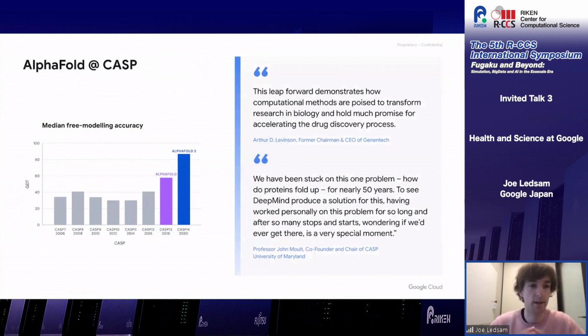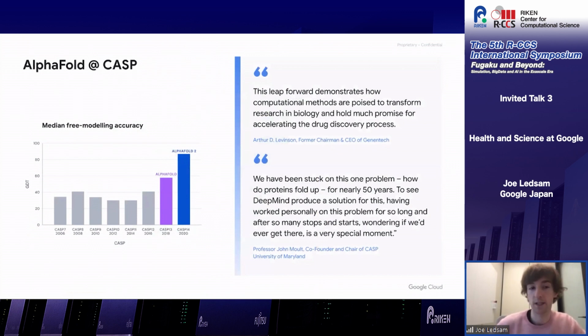And so that leads us to CASP, where for decades teams have been coming together from around the world to try and solve the protein folding problem. And what we can see is over at least the last 20 years, very little progress was made. In 2018, AlphaFold was entered and blew away all of the competition.